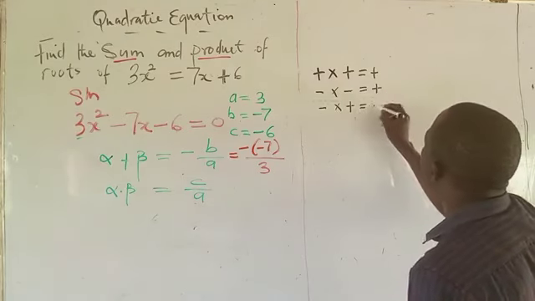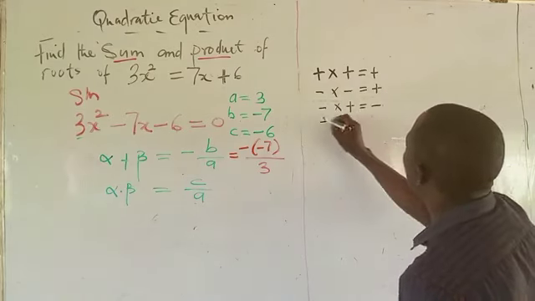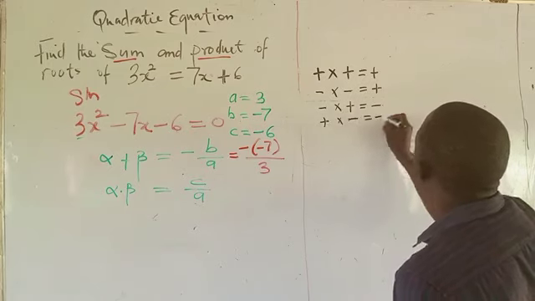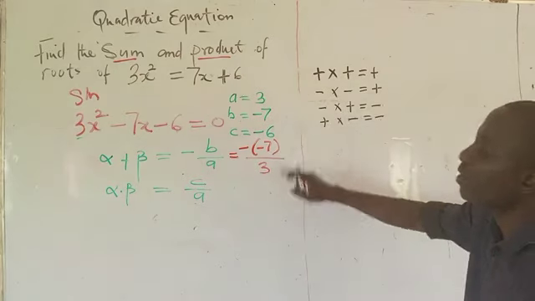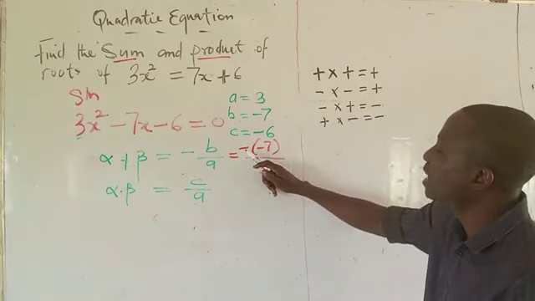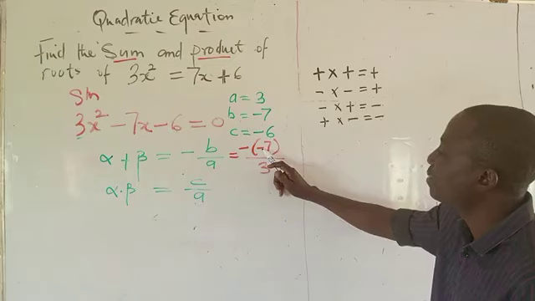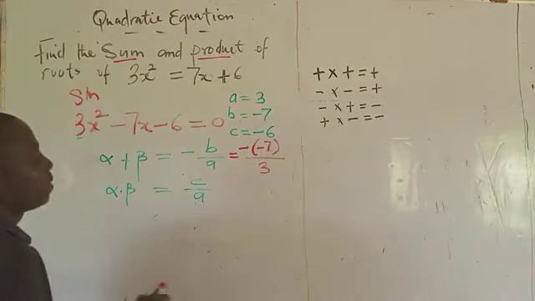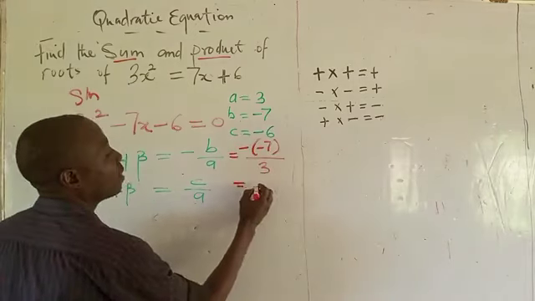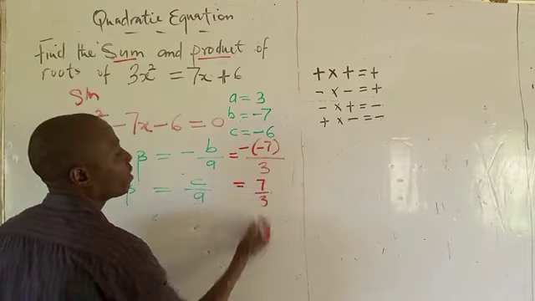Negative times positive is negative. Positive times negative is also negative. If you understand this, it will be easy for you here because we are going to use it. This is negative, and this times negative becomes positive. That is why I can boldly say this is 7 over 3.